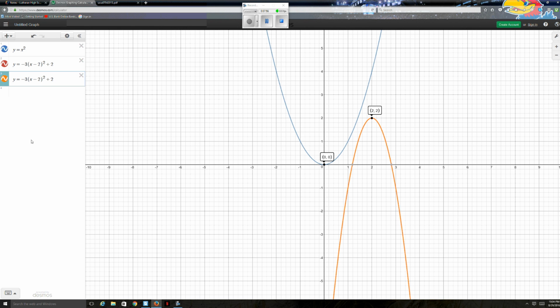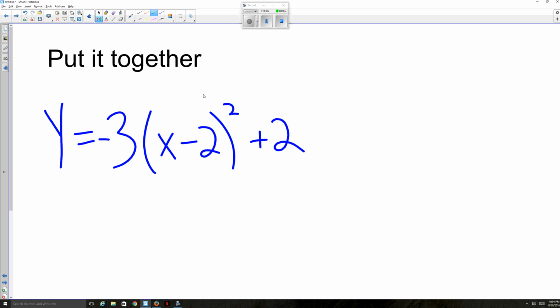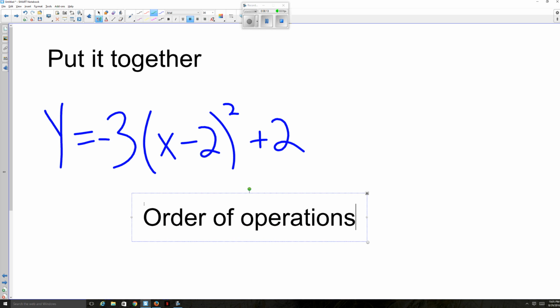Okay, so that's putting it all together. Guys, we're going to work a lot of examples in class, so hopefully this makes a little more sense to you. So notice we have a lot that's going on here. Just work in the order of operations, and that'll tell you what to do.